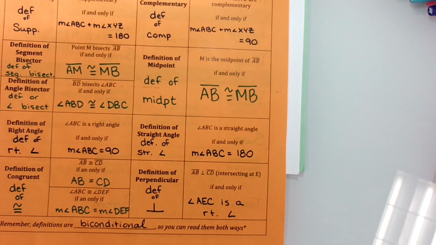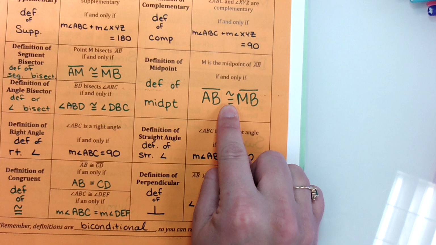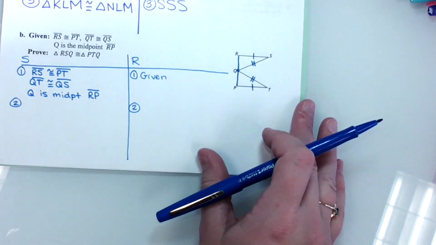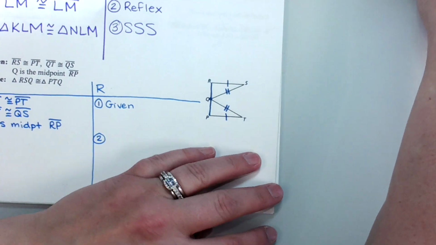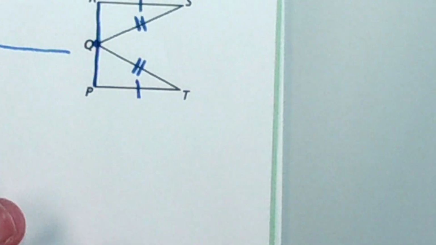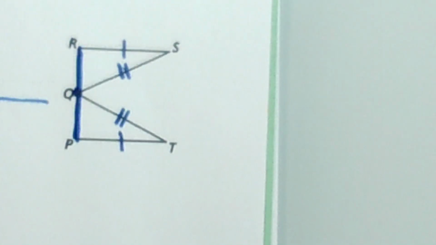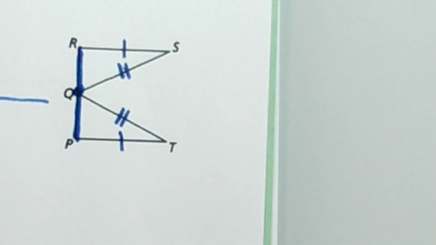According to this, if I see something's a midpoint, I can write in a proof that I have congruent segments. I just have to figure out which segments are congruent. In a midpoint problem, it's going to tell you this is the midpoint and this is the segment that it's the midpoint of. Midpoint means middle point, which means that point is breaking it up into two congruent segments.